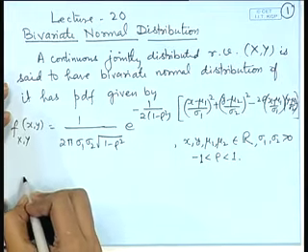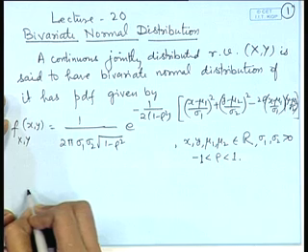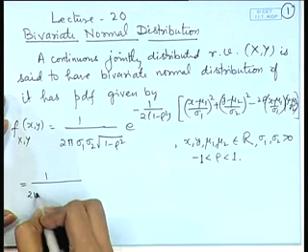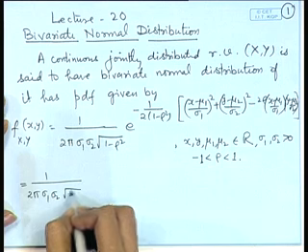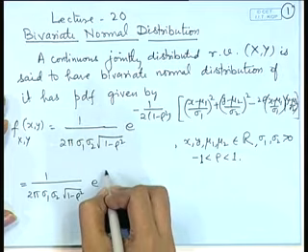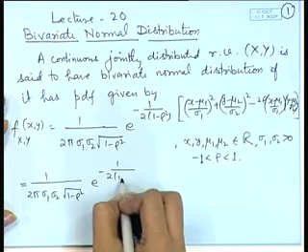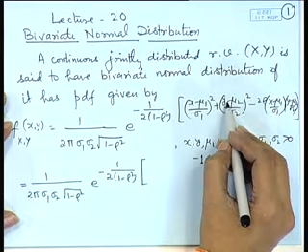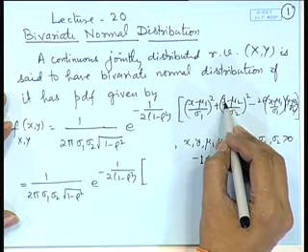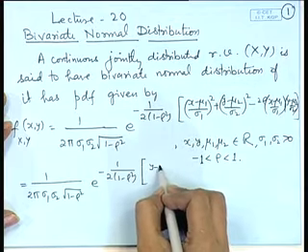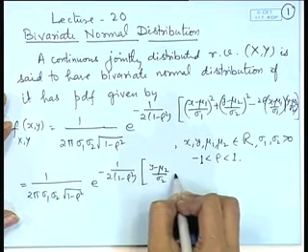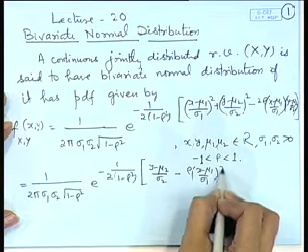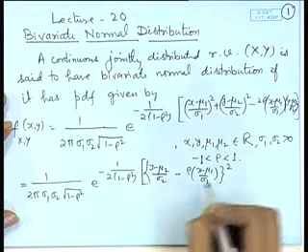So, we can factorize it as 1 by 2 pi sigma 1 sigma 2 root 1 minus rho square e to the power minus 1 by 2 (1 minus rho square). So, here if we make a square in y, then we have (y minus mu 2 by sigma 2 minus rho (x minus mu 1) by sigma 1) whole square.